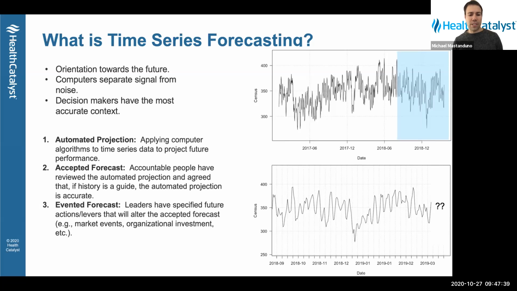And then finally, there's the evented forecast, which is where people can say, well, if we make this change to our workflow, here's what we can expect the forecast to become. Those could be things like organizational investment in a new policy. So far, we're really only going to be touching on number 1 and a little bit on number 2, but that's where we all start, so that's fine.